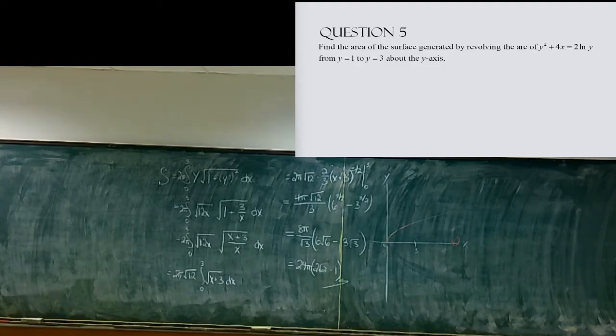So we can solve x in terms of y, and it's very easy to do, and that's what we're going to want to do. So start there. X is going to be 2 log of y minus y squared, all over 4.